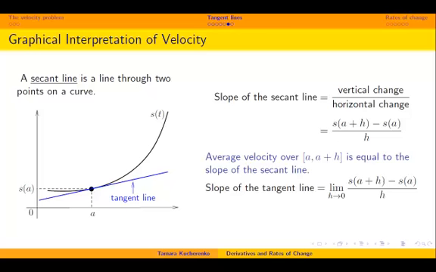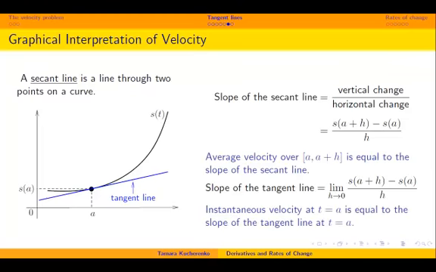Since this limit also defines the instantaneous velocity at time t equals a, we arrive at the following graphical interpretation. Instantaneous velocity at time t equals a is equal to the slope of the tangent line at the point on the graph of the position function corresponding to t equals a.